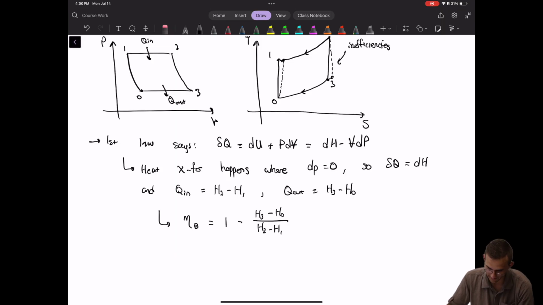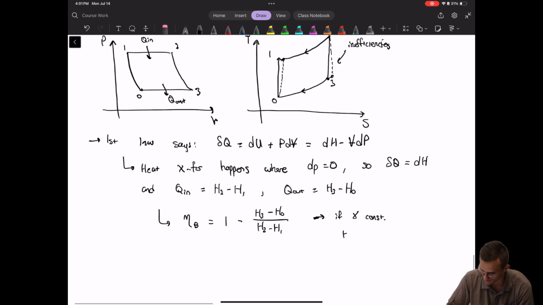Okay, and then if gamma is constant, then H naught over H1, for example, is equal to T naught over T1, which is equal to P naught over P1 raised to the gamma minus 1 over gamma.